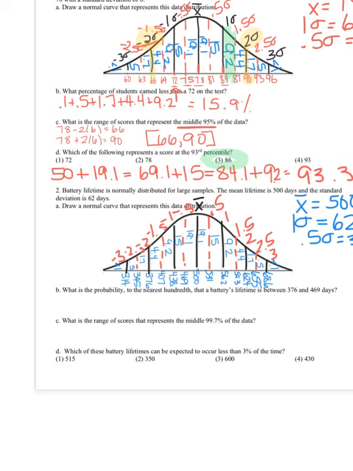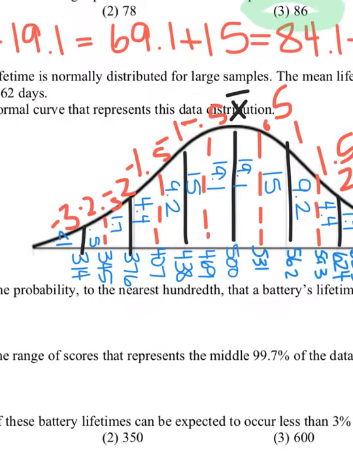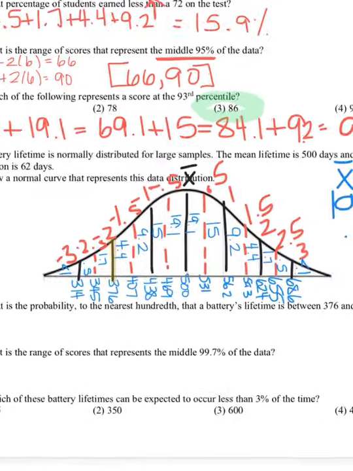So a battery's lifetime is between 376. I'm going to highlight this for us. 376 is right here. 376 and 469. So between these two lines, I have 4.4, 9.2, and 15.